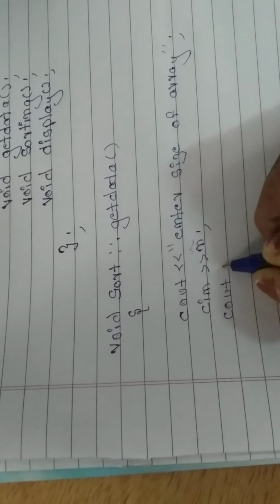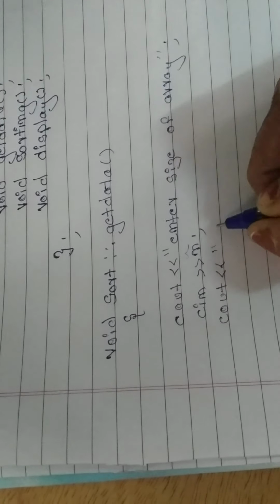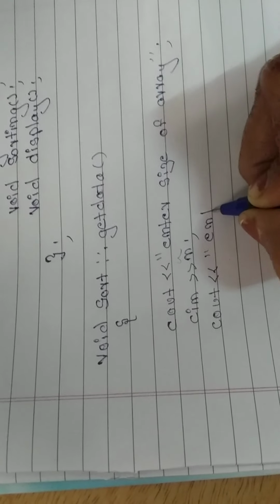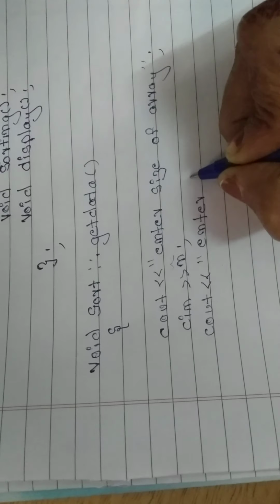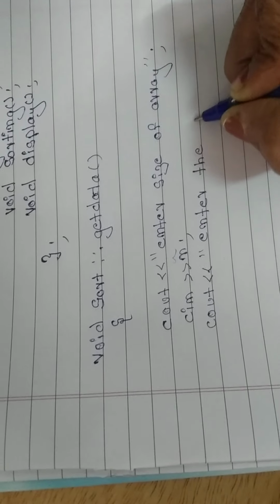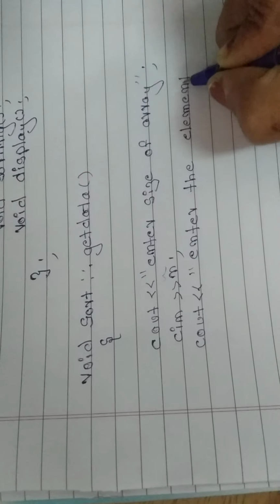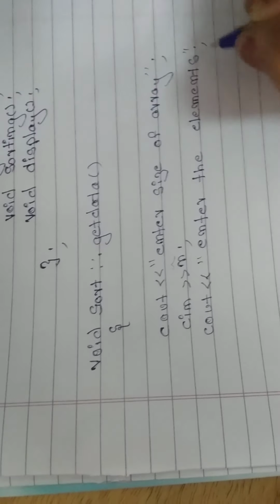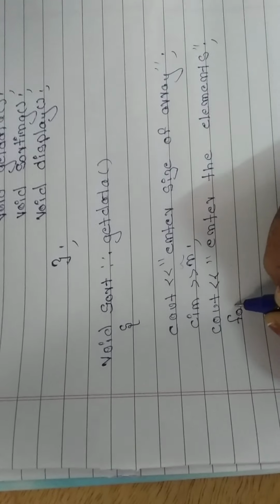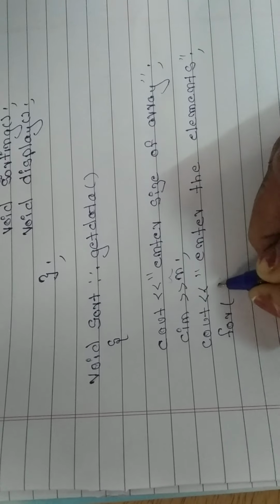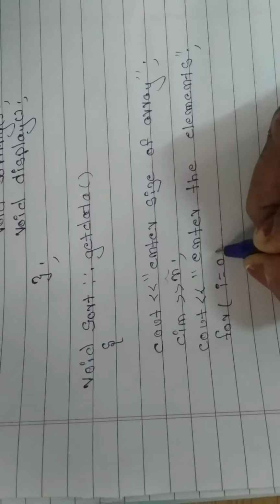In the next one we are going to enter the elements. First we told the size; now we are telling it to enter the elements. What are the elements that are there? Those elements we are going to enter. So we use a for loop, for i is equal to 0. Many elements are there, no?